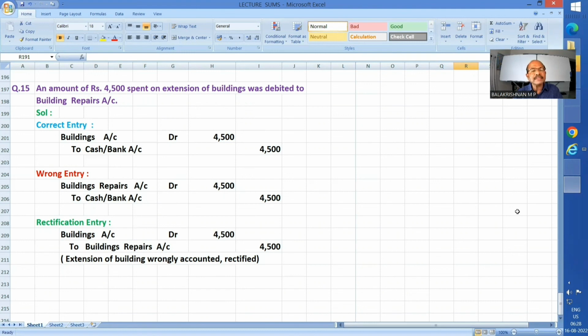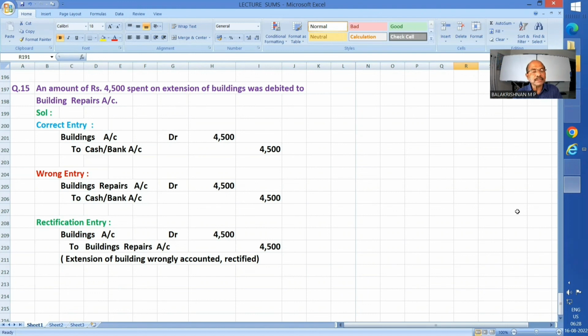So asset account has to be essentially debited, whereas you have wrongly debited buildings repairs account. An extension of any existing asset means practically you have purchased the same asset a little more. So the correct entry is buildings account debtor 4,500 to cash or bank 4,500.